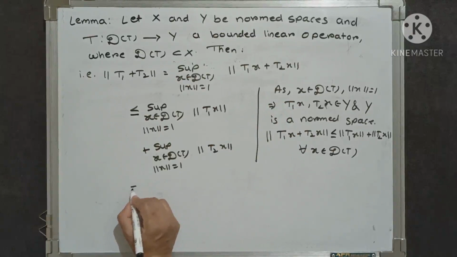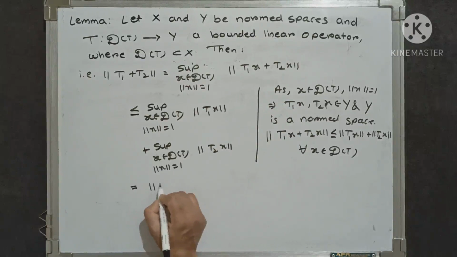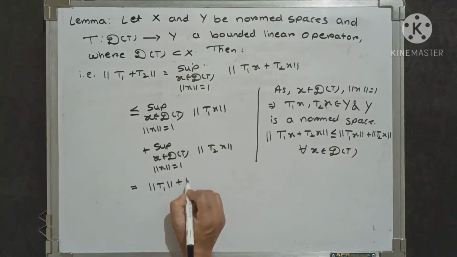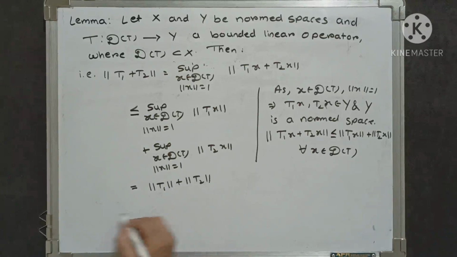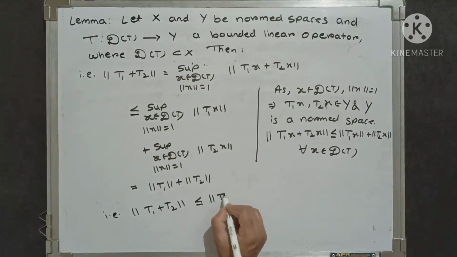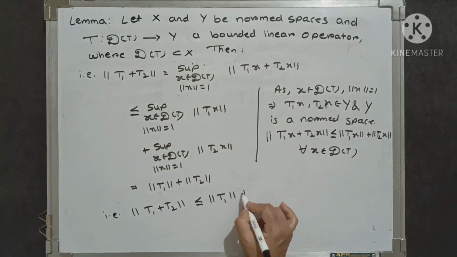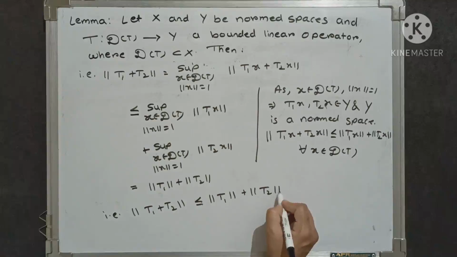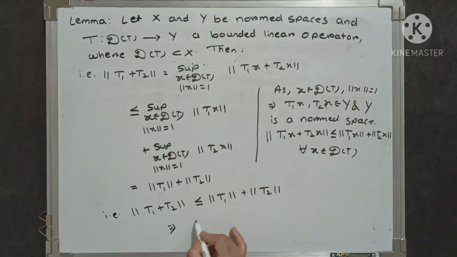And that equals norm of T1 plus norm of T2. That means norm of T1 plus T2 is less than or equal to norm of T1 plus norm of T2. In this way, the fourth axiom of a norm is satisfied.